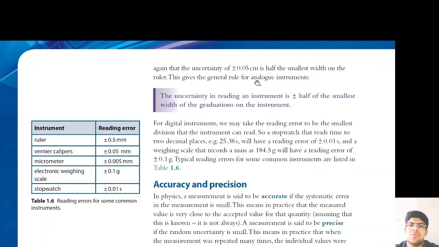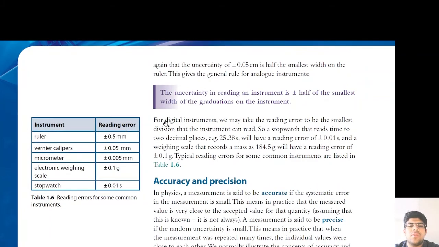This gives the general rule for analog instruments, highlighted here like a definition. The uncertainty in reading an instrument is plus minus half of the smallest width of the graduation on the instrument. We have to remember this. For digital instruments, we may take the reading error to be the smallest division that the instrument can read.